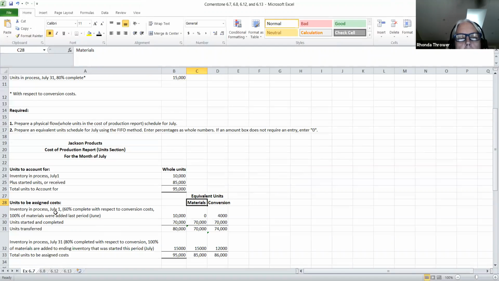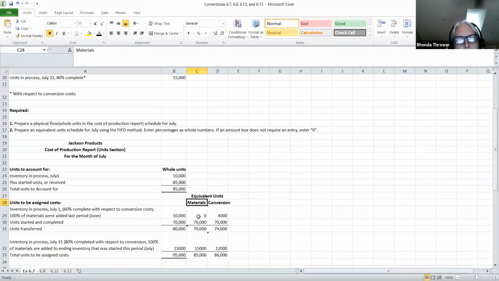If there were 100% that were added in materials, then all the materials were added last period, because the ending inventory from last period becomes the beginning inventory for this period.